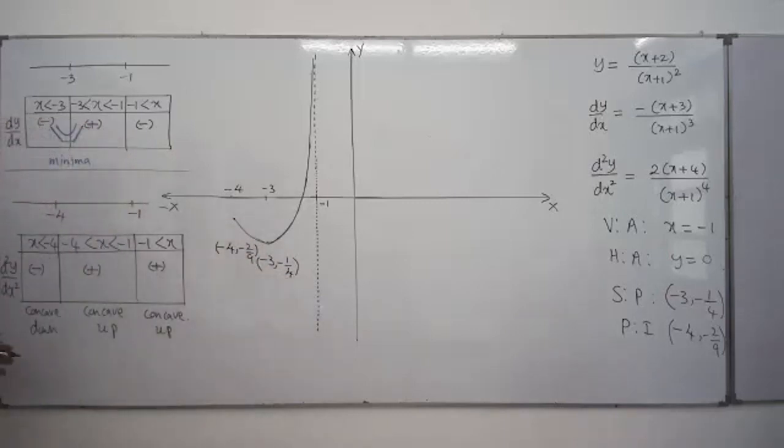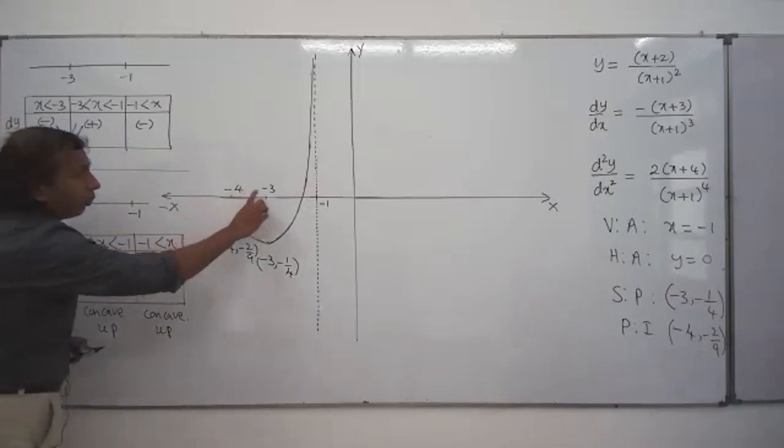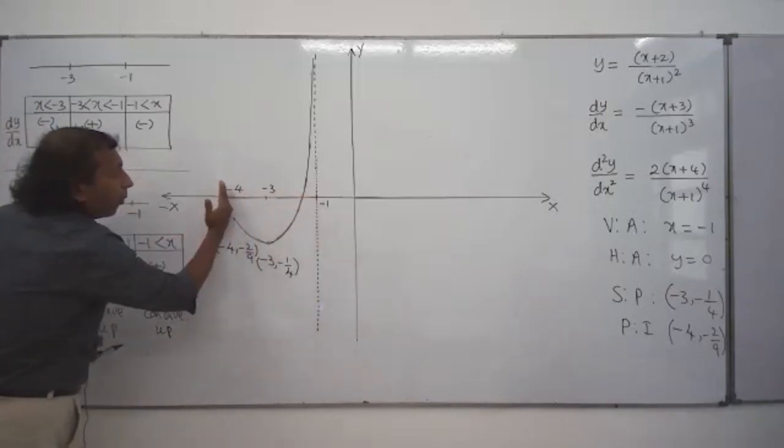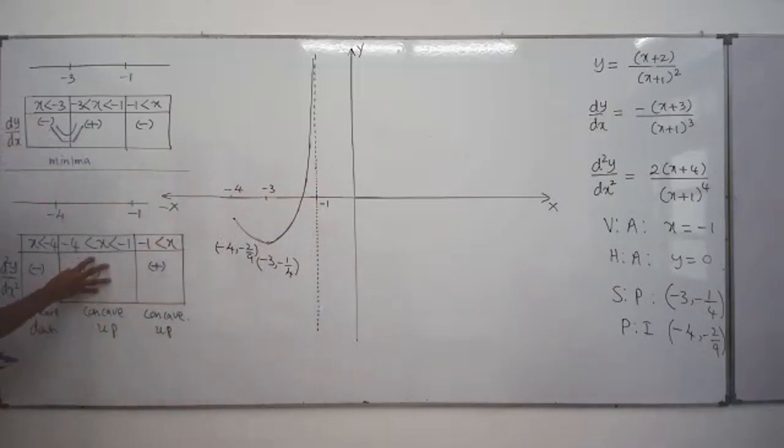And now when you draw there, people, in this table you can see from minus 4 to minus 1, the second derivative is positive, graph is concave up.